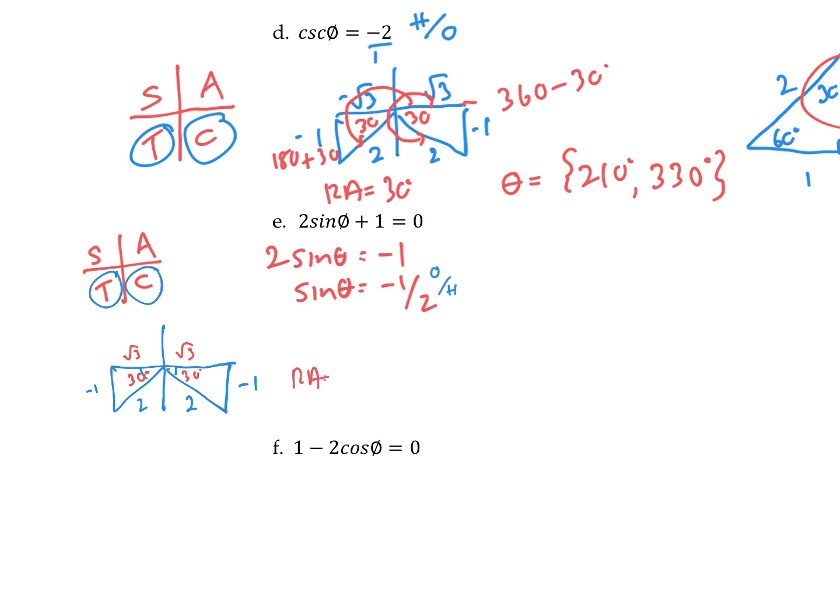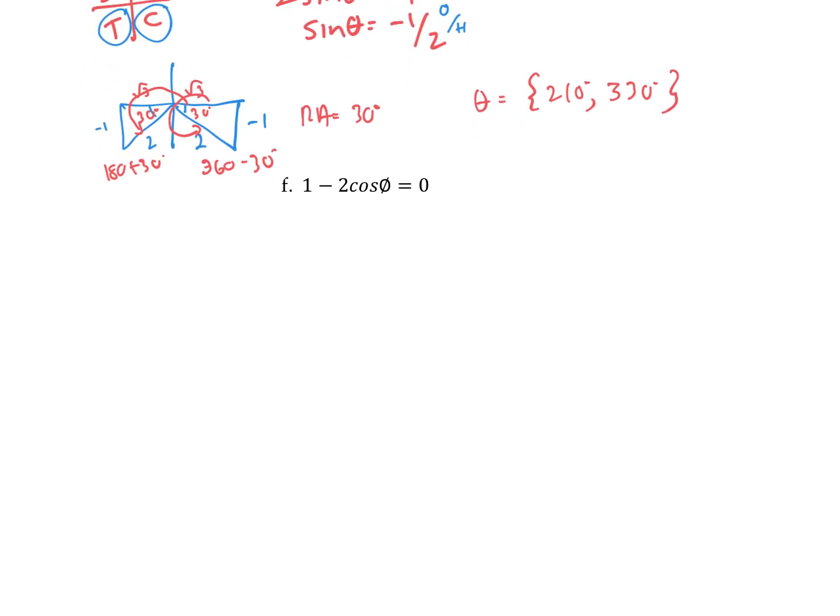So related angle is 30. And so theta in quadrant 3, where 180 past 30, so 210. And then in quadrant 4, we're not quite at 360, so we'll subtract the related angle, that's 330.